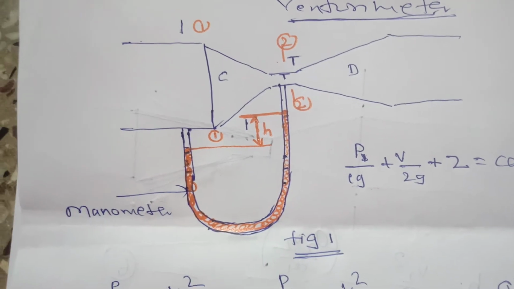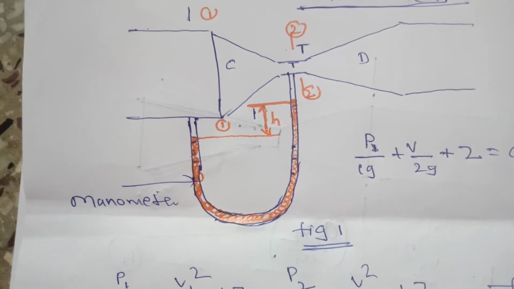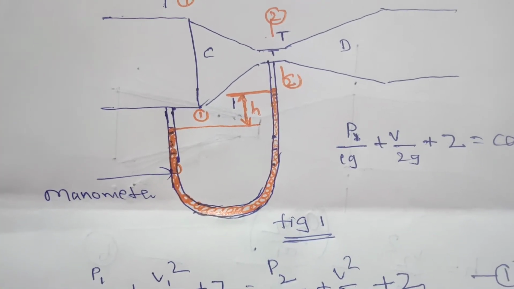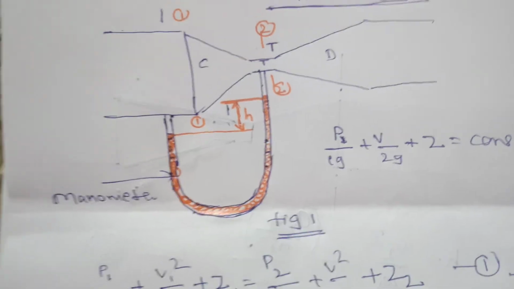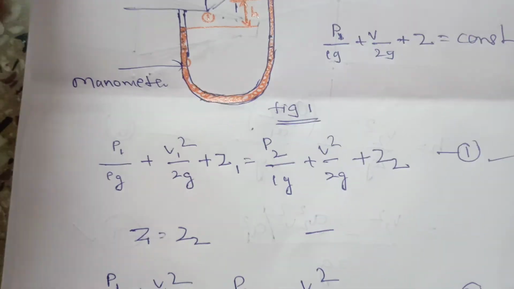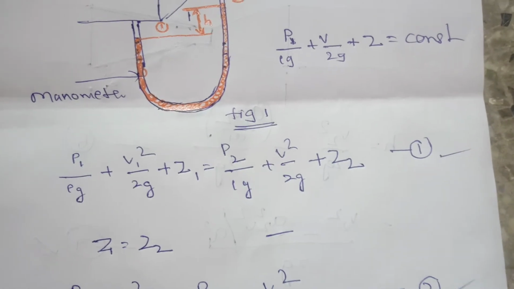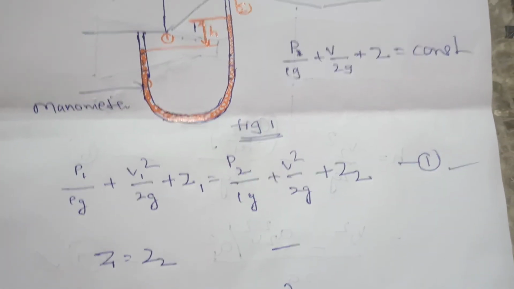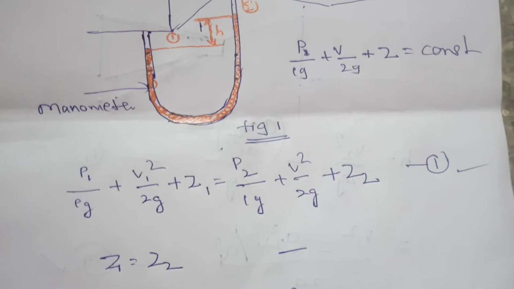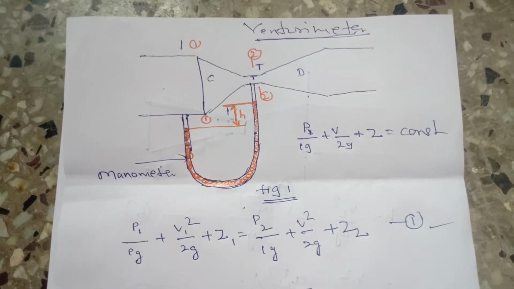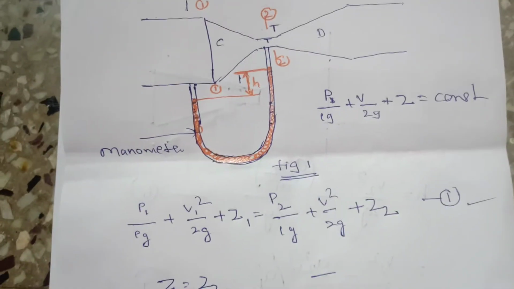At both cross sections I connected a manometer to measure the pressure head, and that pressure head I indicated as H. I adopt Bernoulli's equation at cross section 1 and at cross section 2, because when fluid is flowing through a pipe or venturimeter, the energy head remains constant.